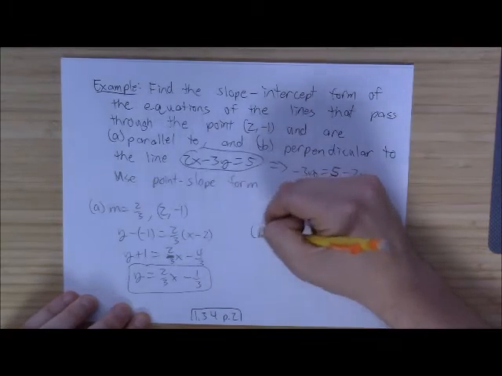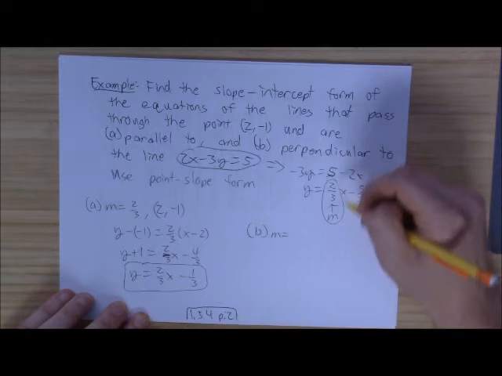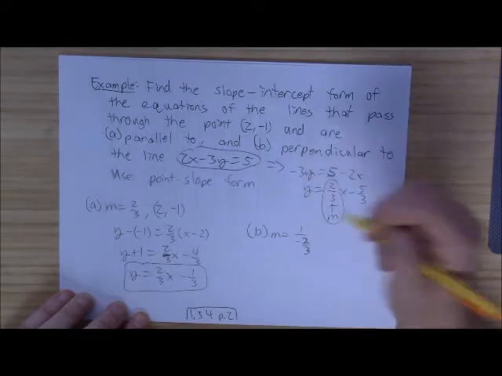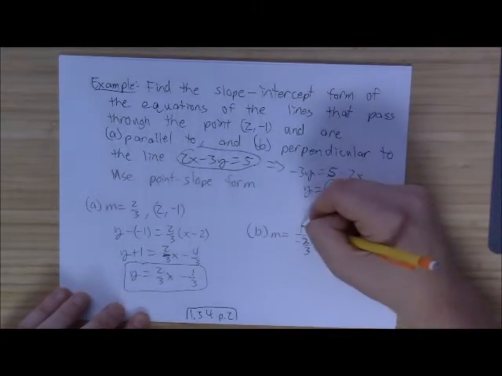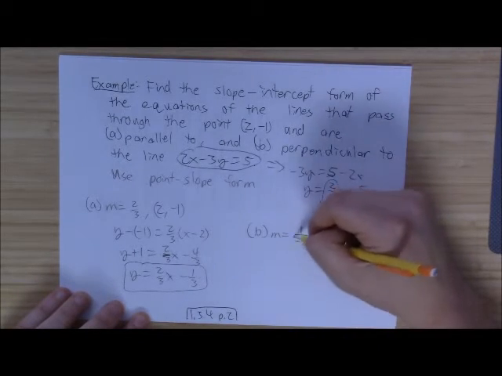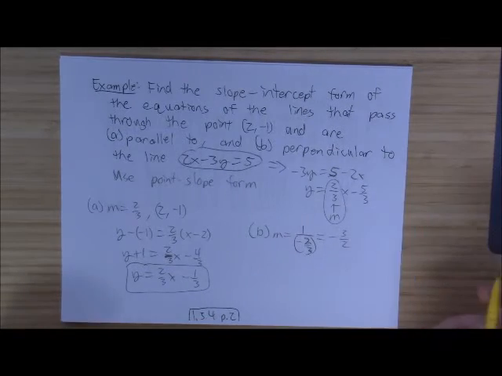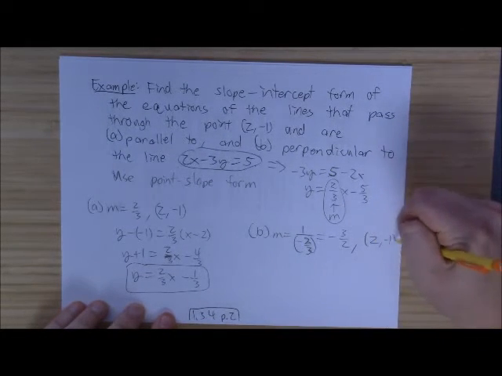For B, our slope is the negative reciprocal of this. So m equals 1 over negative 2/3. Well, that's going to be negative 3/2, right? Because reciprocal always flips whatever is in the denominator. So, negative 3/2, and we still have the same point, right? (2, -1).